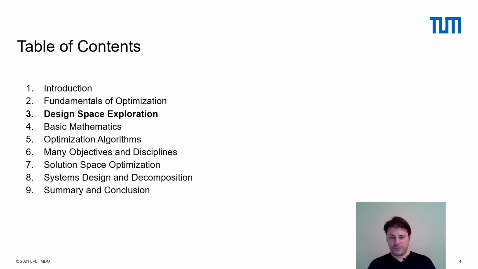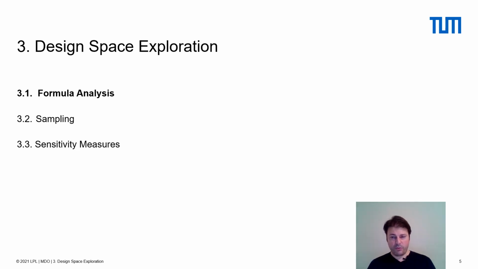Let's get started with today's lecture, design space exploration. And we will be talking about how you can explore the design space and understand the structure of your optimization problem by using formula analysis, or a technique that is very often used in the analysis of high-dimensional optimization problems, that is sampling.